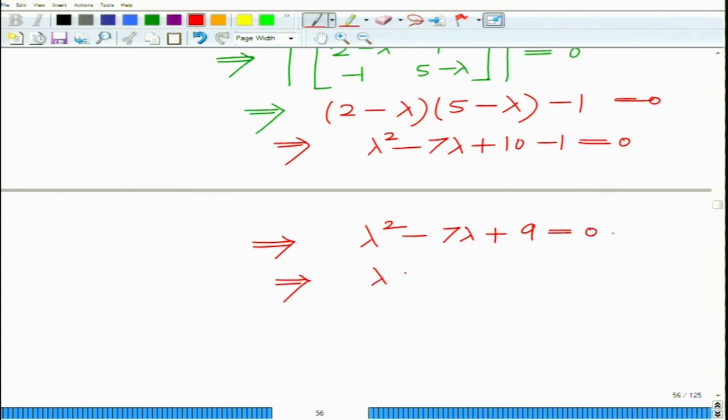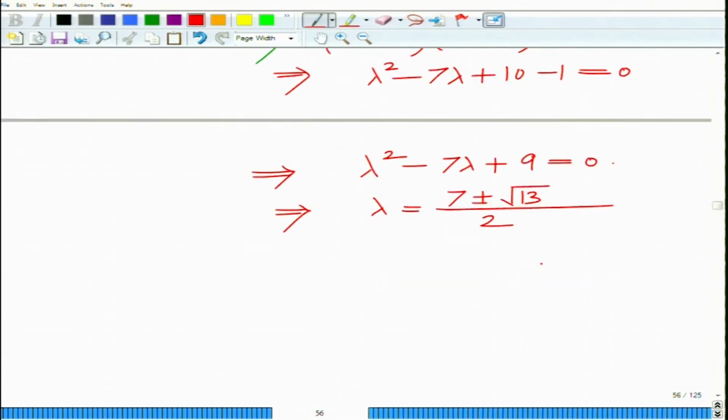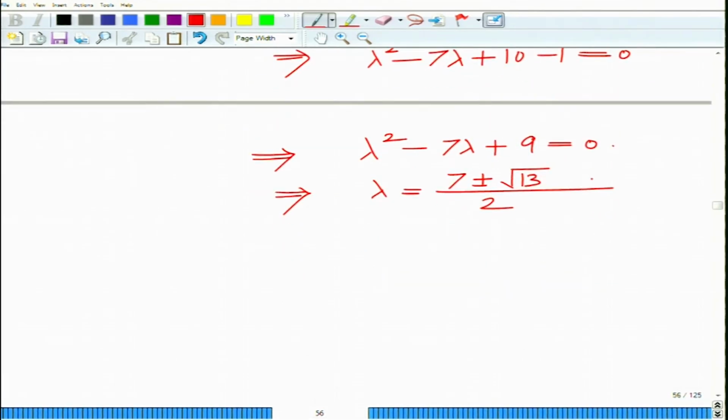This implies lambda equals 7 plus or minus square root of 49 minus 4 into 9, that is 36, so 7 plus or minus square root of 13, divided by 2, and you can see both the eigenvalues are greater than 0.